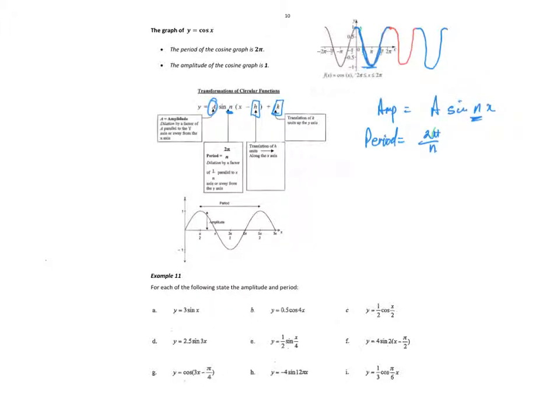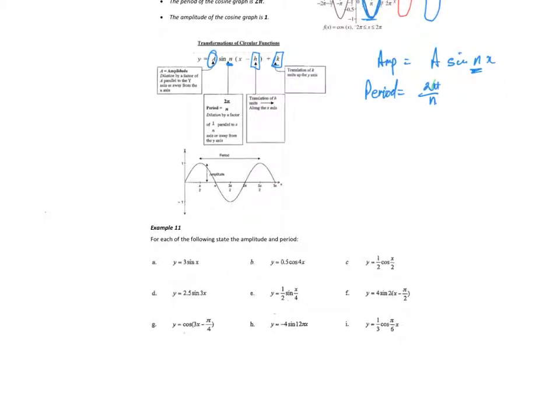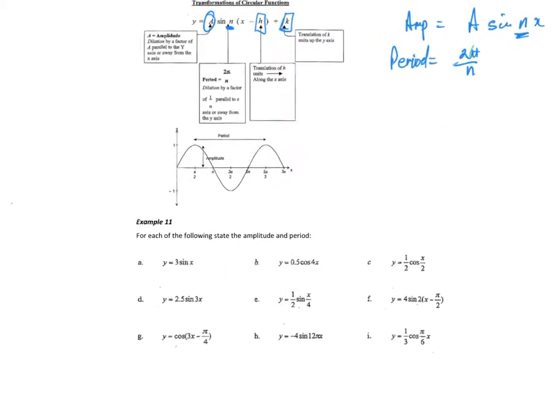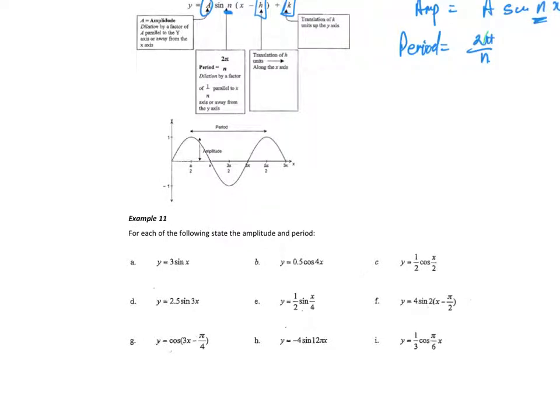All right, so very quickly, if we want to state the amplitude and period of all of these examples, let's go amplitude. So the amplitude is 3. The number there is actually a 1. So the period is 2 pi on 1, which is 2 pi.